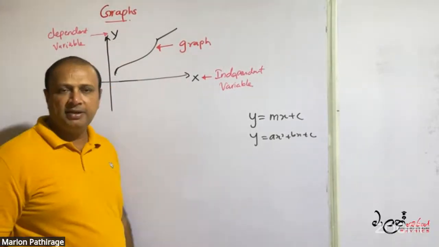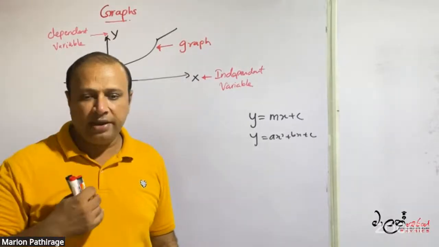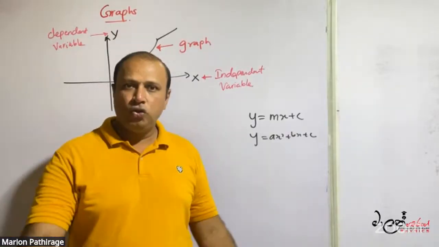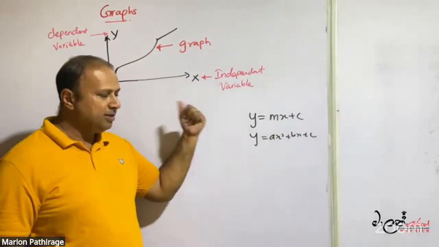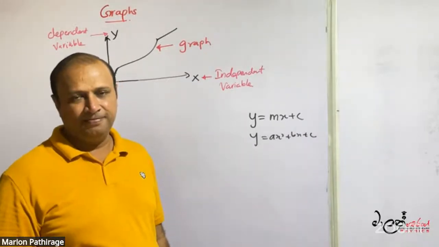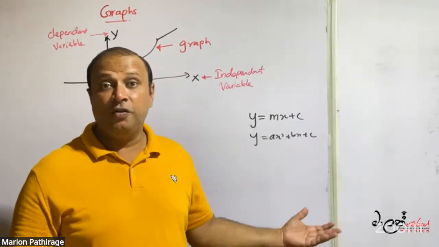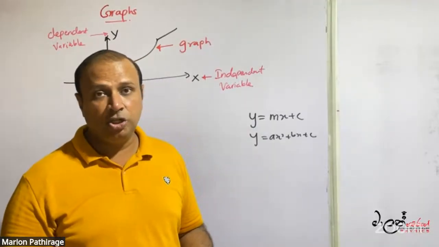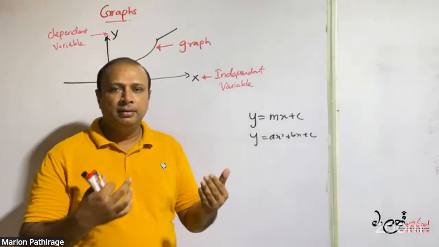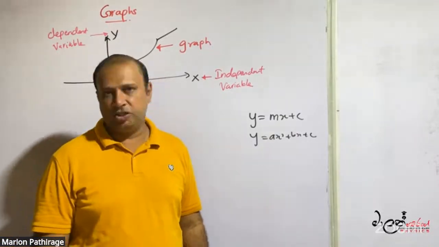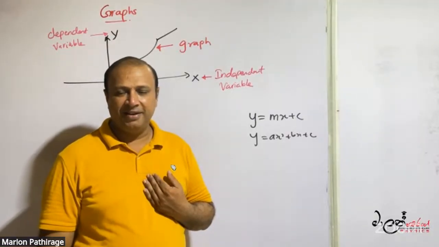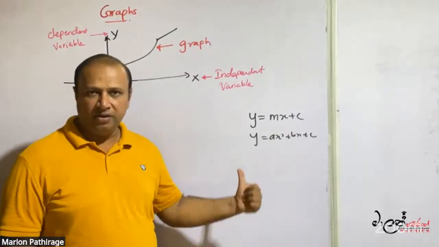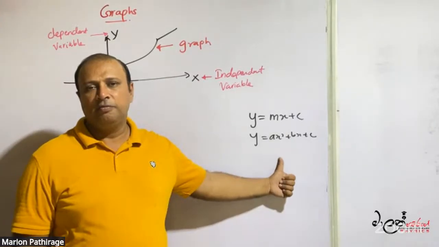That's why we call them variables. It may be a linear relationship, quadratic, or any other relationship, but remember, to draw a graph there should be a relationship between two variables.